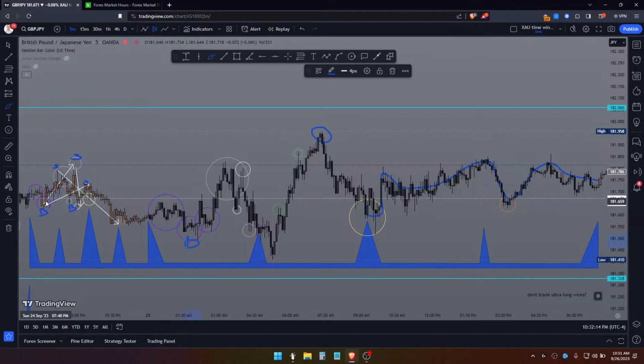Buy at the drop, hold until before lunch. If you see a move like this, you probably would have got out. That's a decent move. So that'd have been one that you might have got, maybe not.